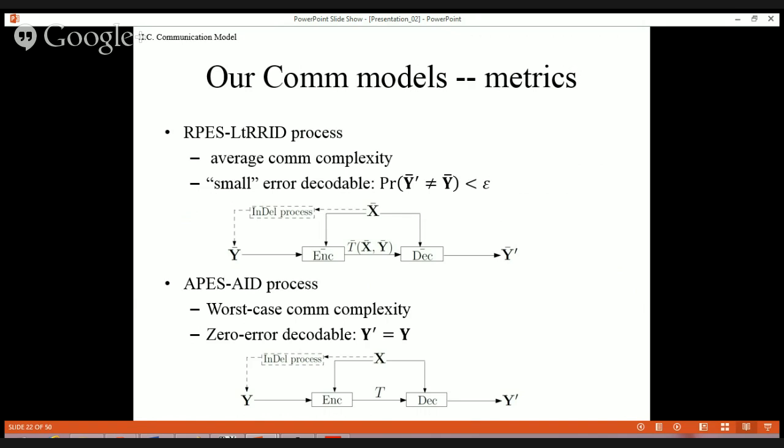Because in the random model, there may be atypical sequences and atypical edit processes, which means there are a lot of insertions and deletions, but with small probability. For the arbitrary model, we aim for the worst case communication complexity, and we allow zero error decodability.